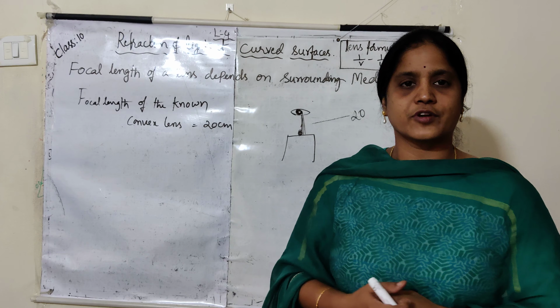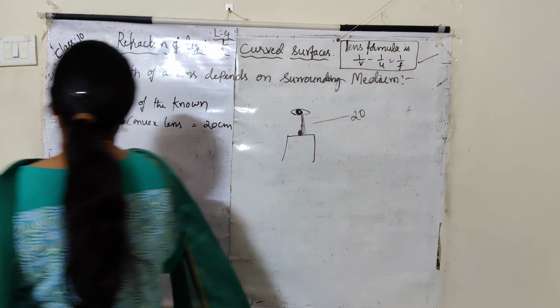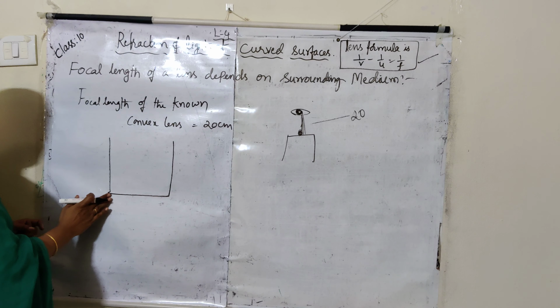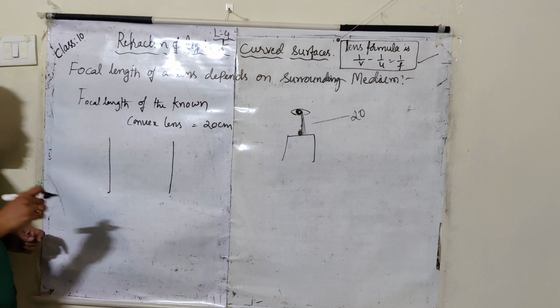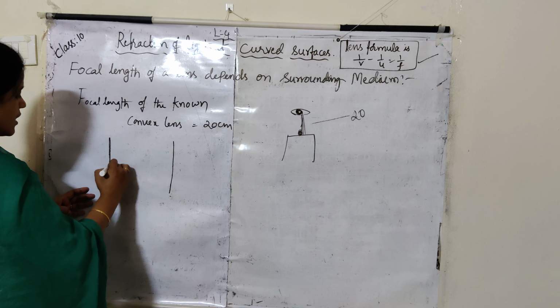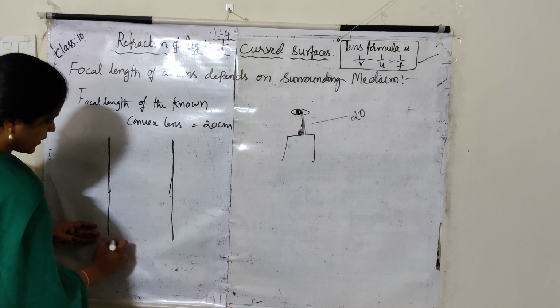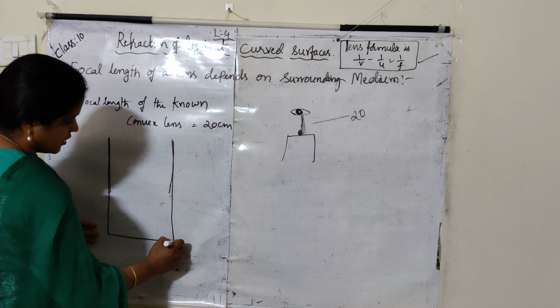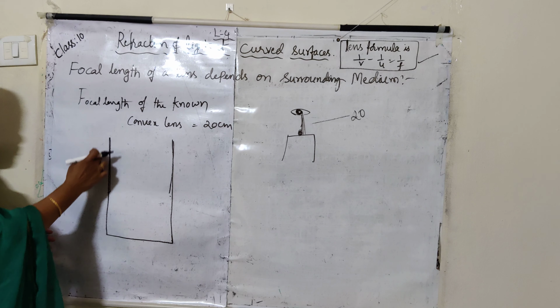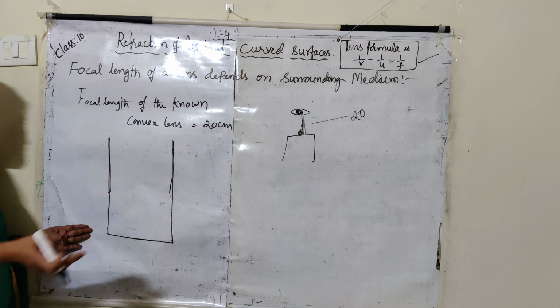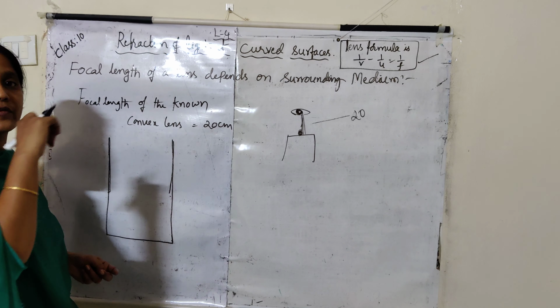Then take one beaker. Here we must take one precaution: the height of the beaker must be equal to 4 times the focal length.